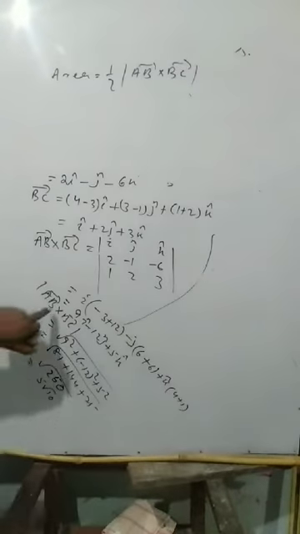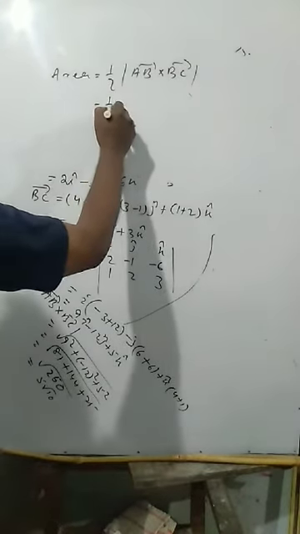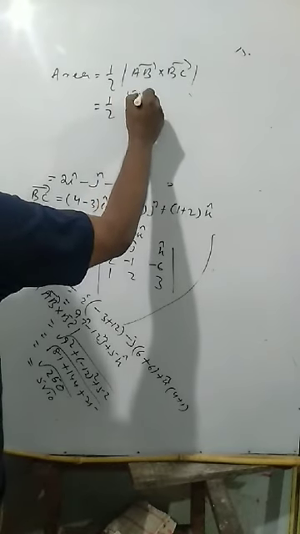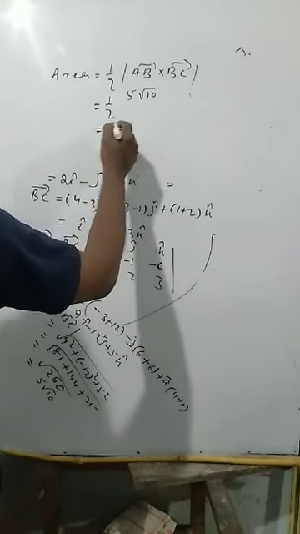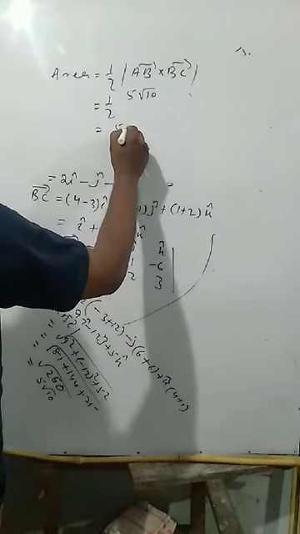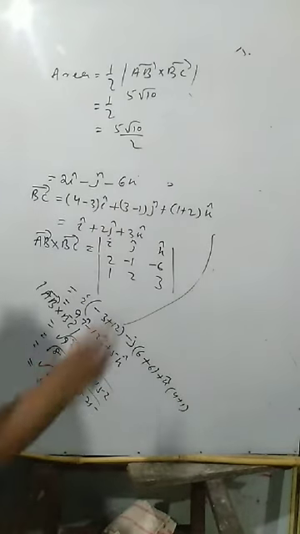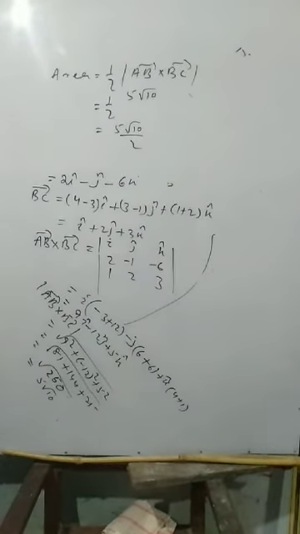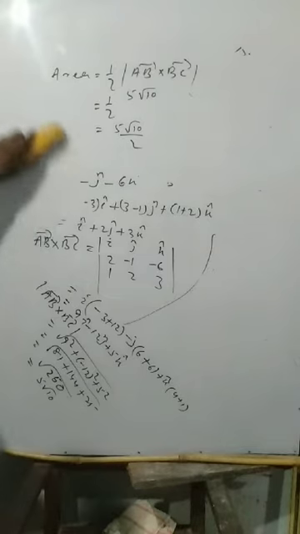You multiply by half and you get your answer. So half into 5 root 10 gives 5 root 10 by 2. This is the area of the triangle. In this way you find the area of a triangle. Two adjacent sides are given, then you apply this formula.